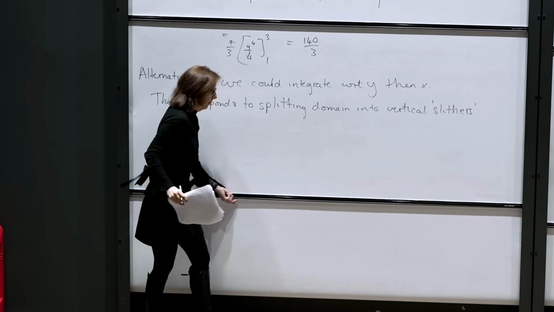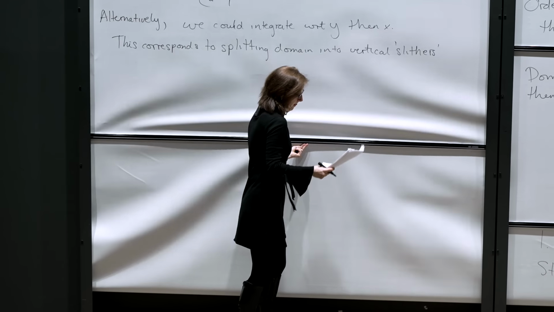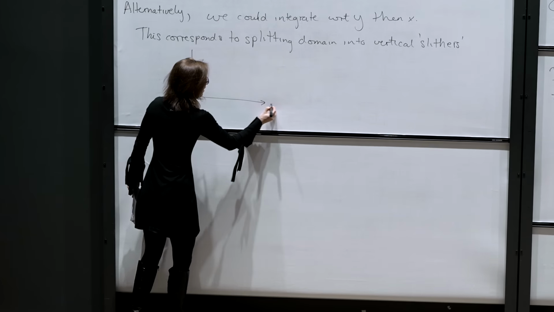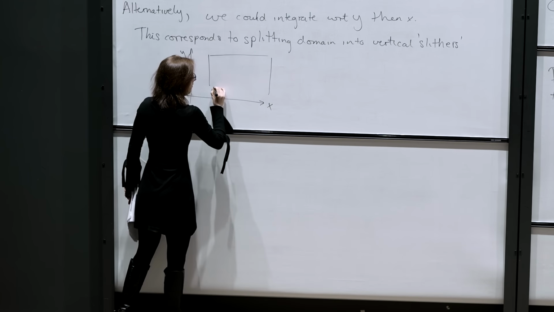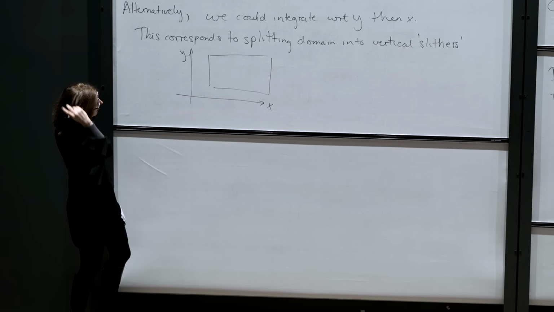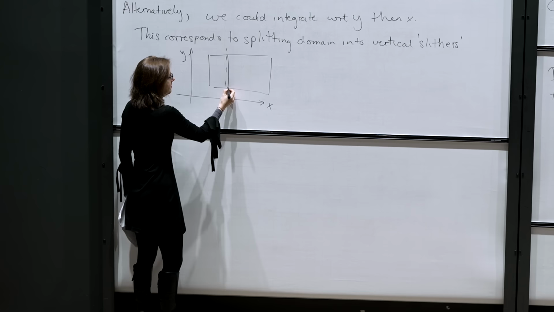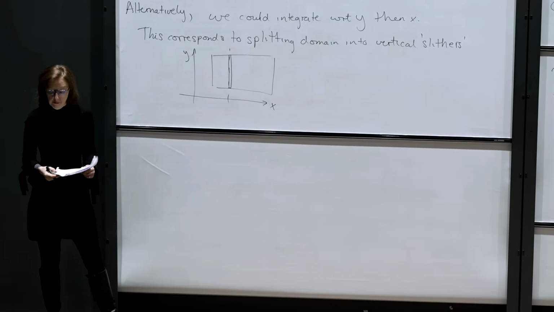So if we're thinking about what we're doing, the domain is here somewhere, and now I'm going to fix x like that, and then I'm going to split my domain into these vertical slithers and then sum them all up to get my area.